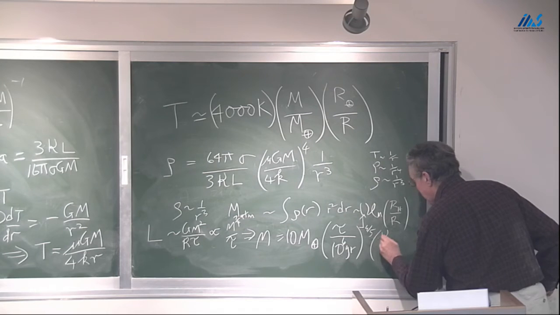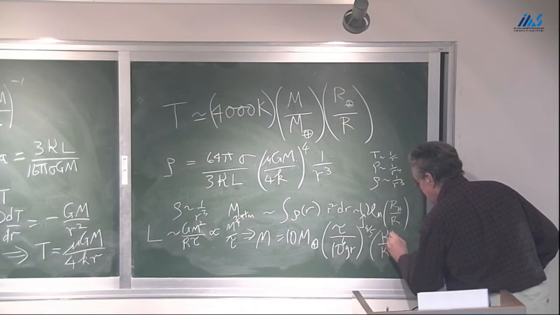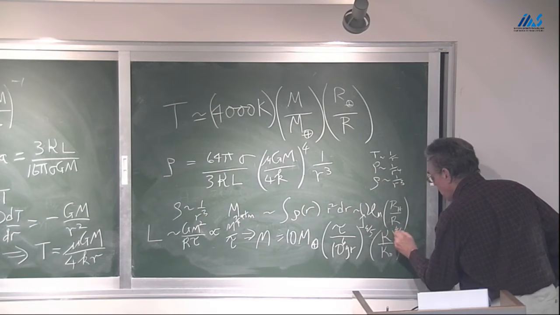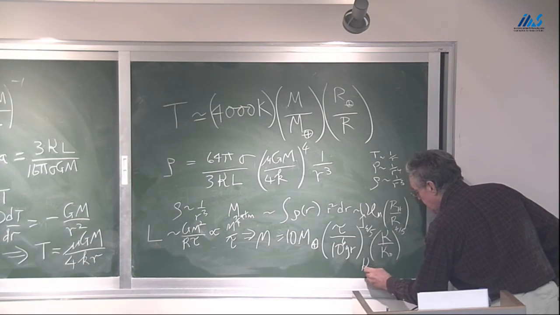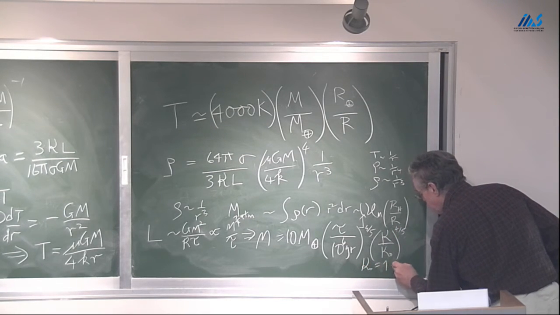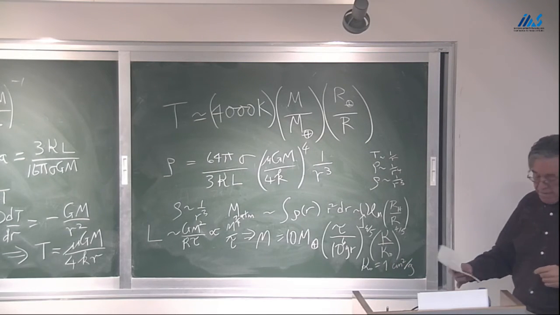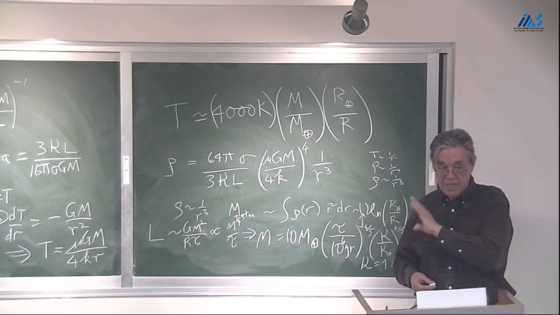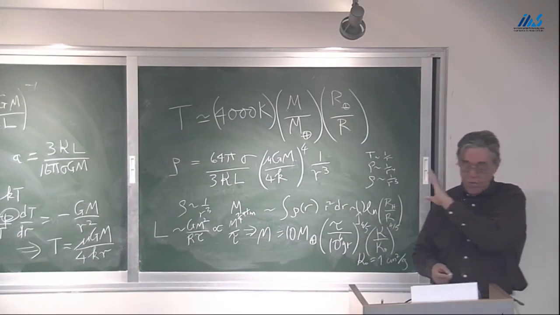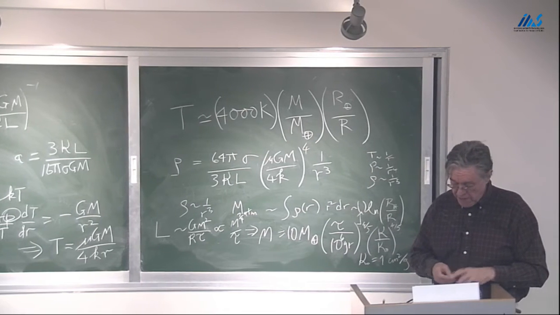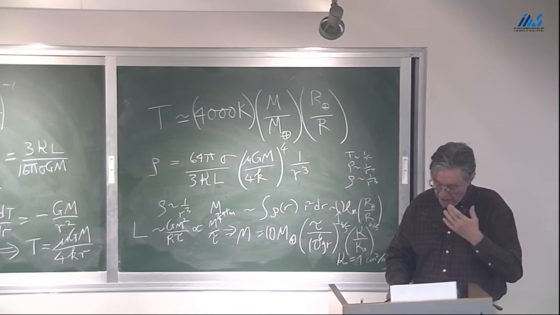And kappa over kappa 0, so the opacity matters, to the 4/5, where kappa 0 is 1 centimeter squared per gram. This happens to be historically the number that was used in the classic calculations for this kind of model, more detailed, kitchen sink models that Pollack and Bodenheimer did way back, around about 1990.